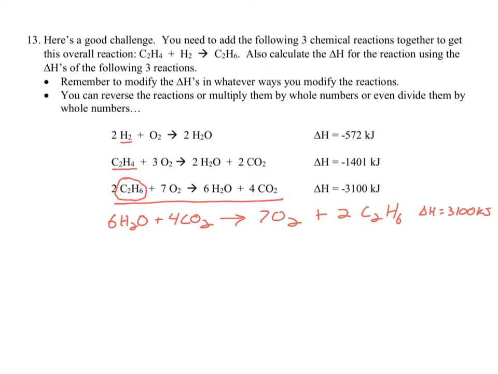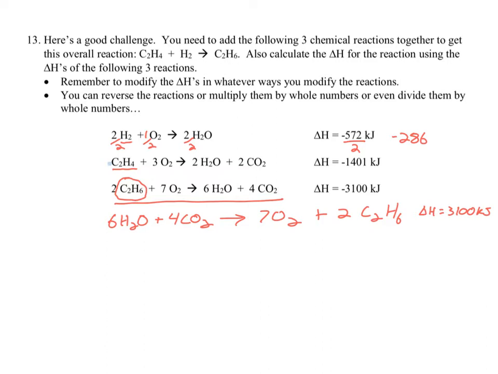So what I can do here is divide everything by 2. And if I divide that all by 2, I also have to divide the delta H by 2. When I divide that by 2, that's a negative 286.